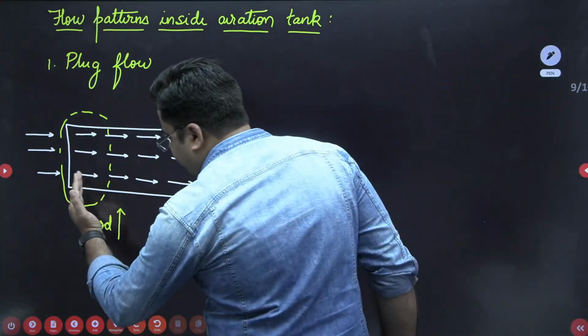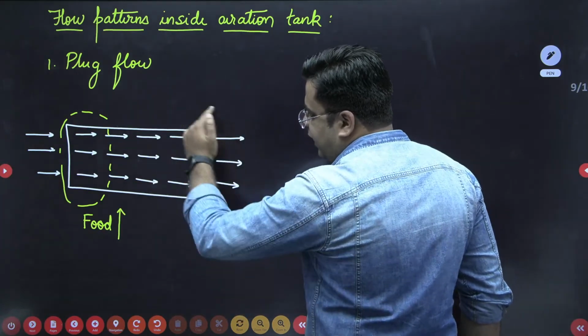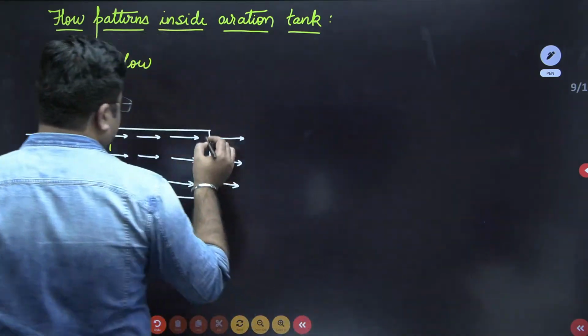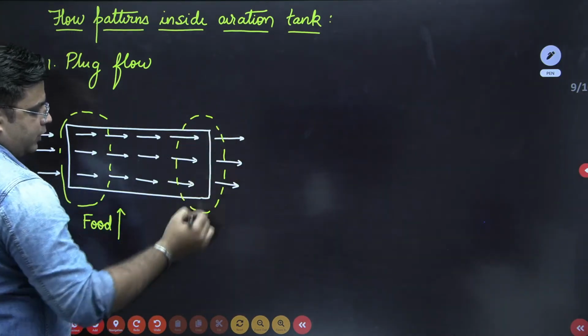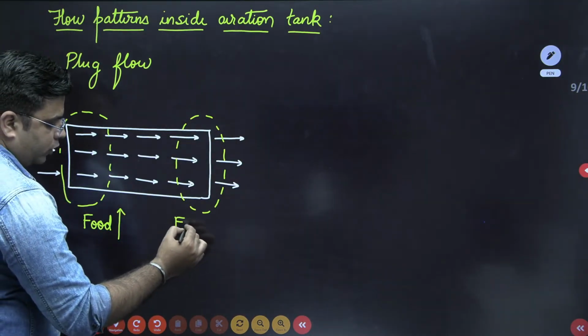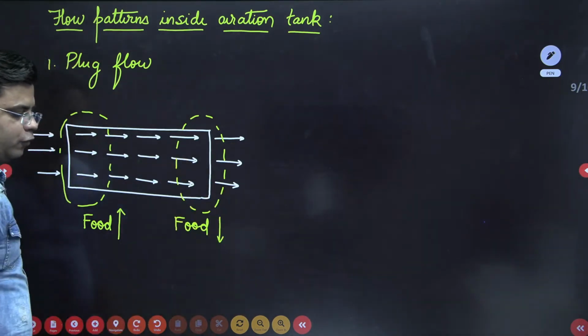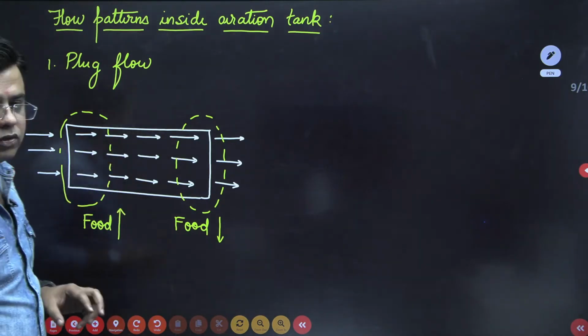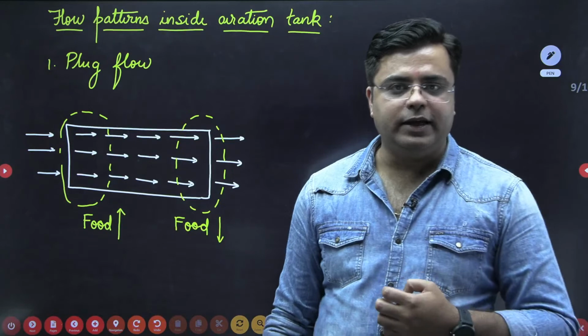Over the period of time, when this wastewater reaches the other end of the aeration tank, in the later part of the aeration tank, the quantity of food will decrease and also the colonies of microorganism will increase, right?